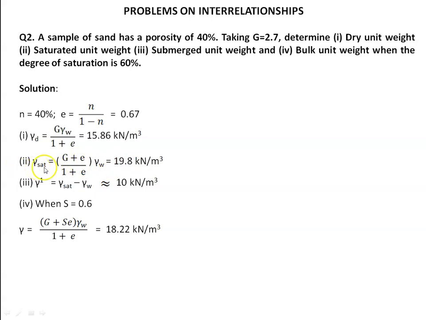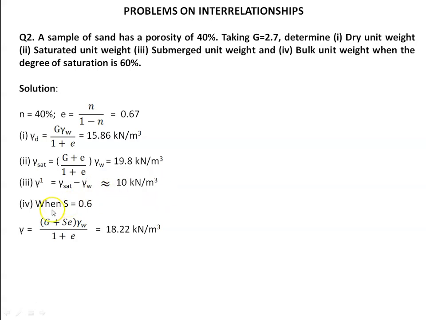Here γw is the unit weight of water, which has to be taken as 9.81 kilonewton per meter cube. Then submerged unit weight, which is equal to saturated unit weight minus unit weight of water, is approximately equal to 10 kilonewton per meter cube.